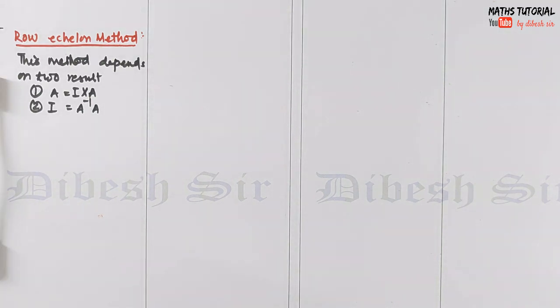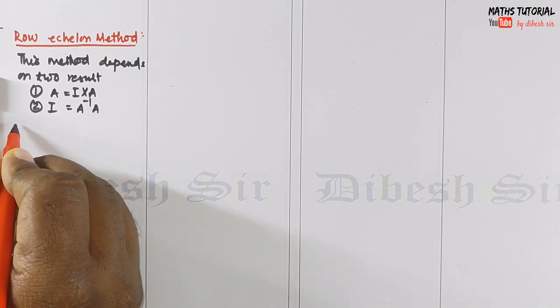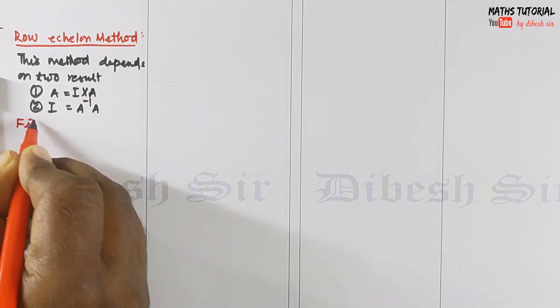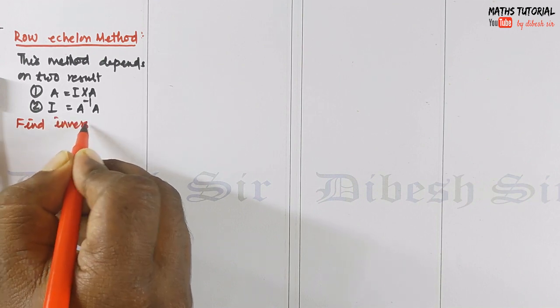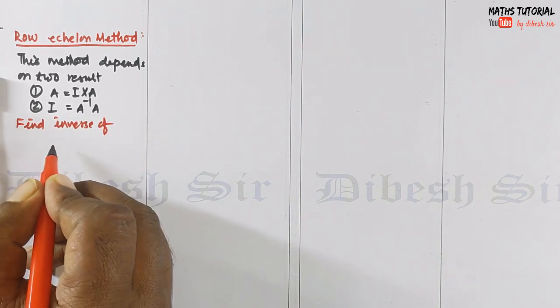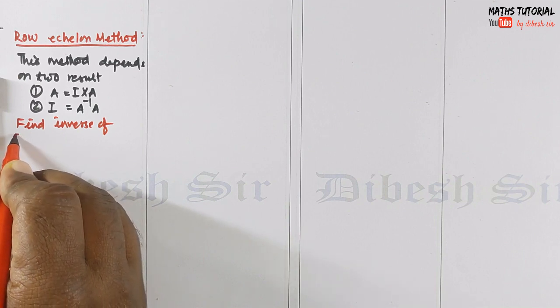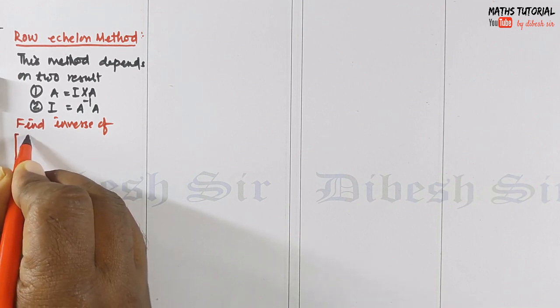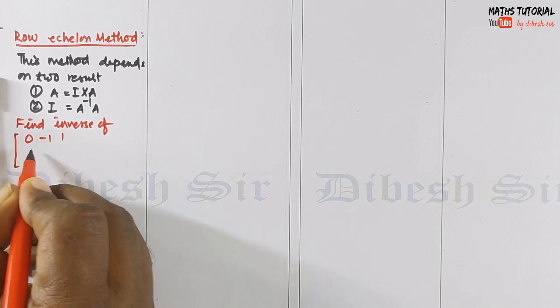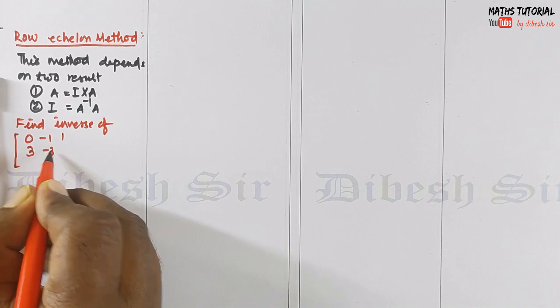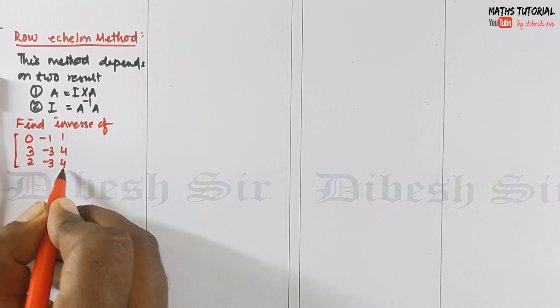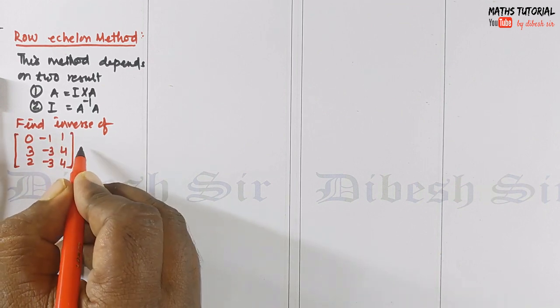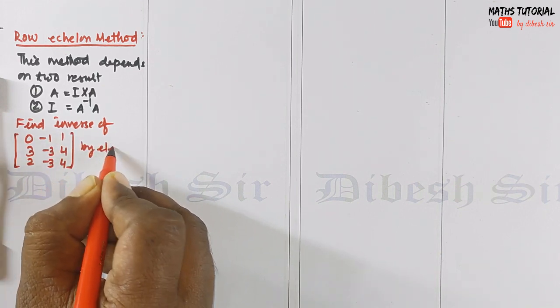So let's understand by an example. Find the inverse of the matrix 0, minus 1, 1, 3, minus 3, 4, 2, minus 3, 4 by the elementary method.